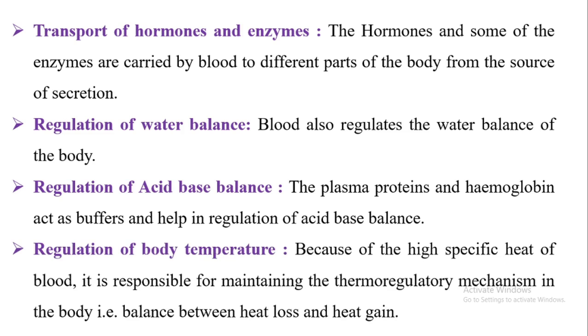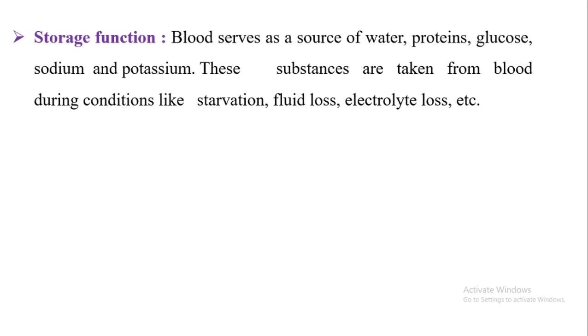Blood also uniformly distributes the heat produced during metabolic activities. Hence, it helps in the thermoregulatory mechanism and keeps the body temperature uniform at every part. So the balance between heat loss and heat gain is maintained by the blood.